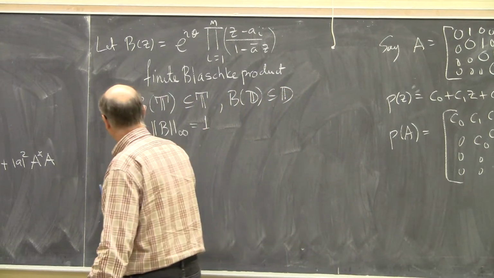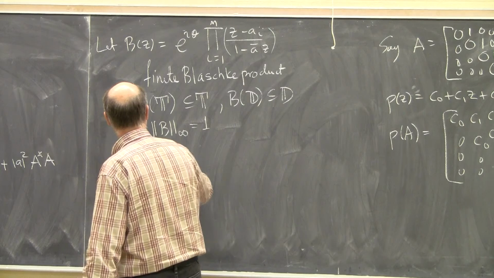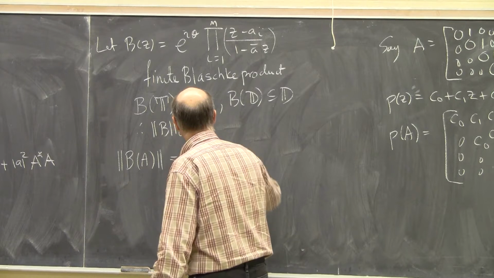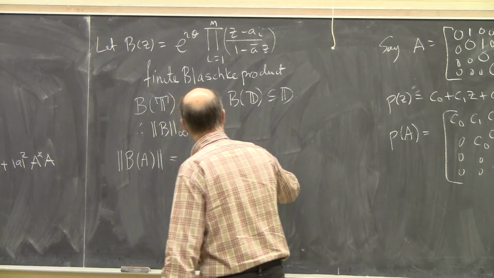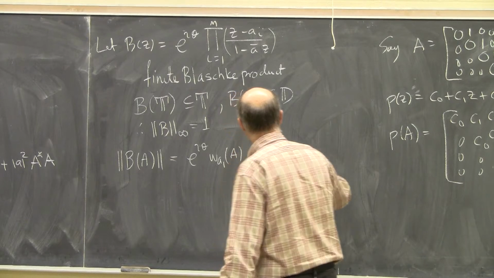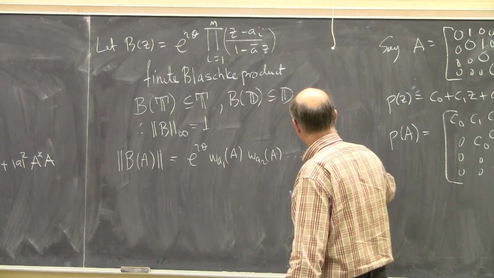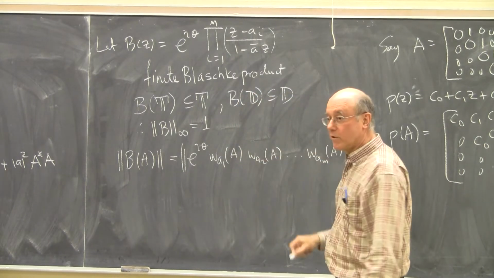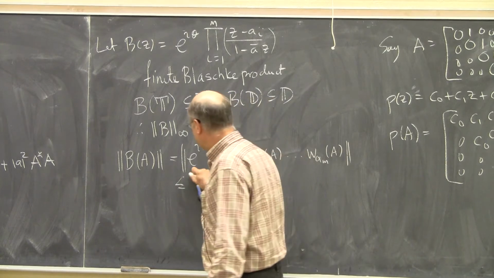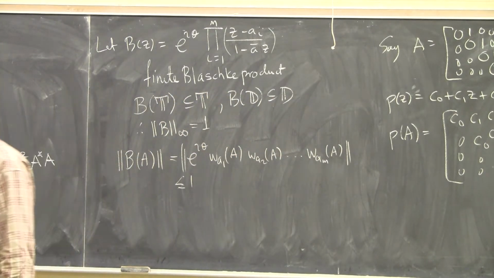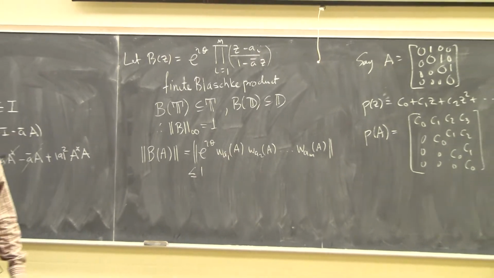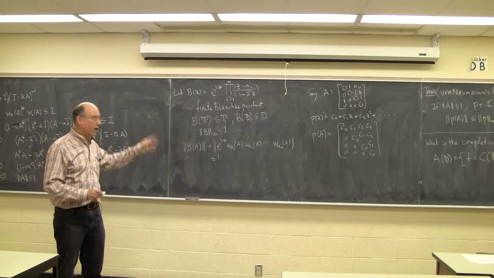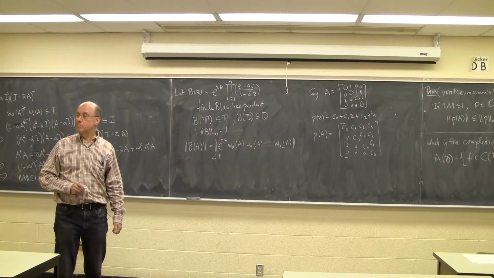And if I take b of A, what I get is e to the i theta times W_a1 of A, W_a2 of A, up to W_am of A. It's a product of a bunch of operators which all have norm at most 1, so this is less than or equal to 1. And then he argued that every polynomial of norm 1 is in the convex hull of these b's.